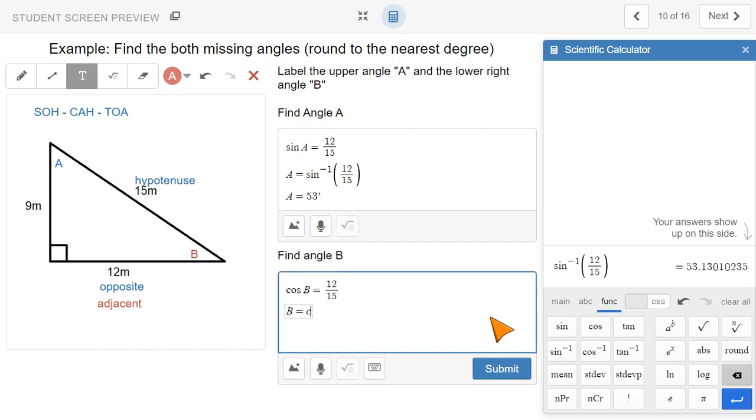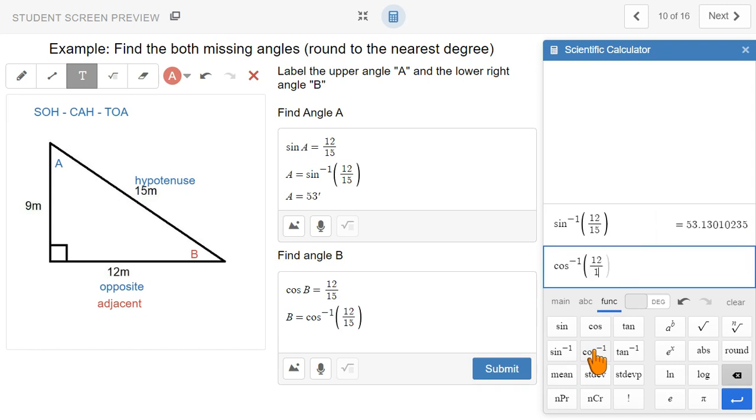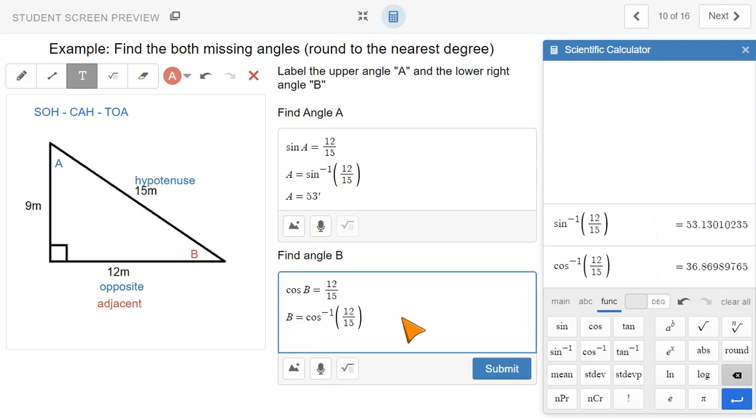Let's undo the cosine. Cosine inverse of 12 over 15. And we get 36.8. Let's round that to 37 degrees.